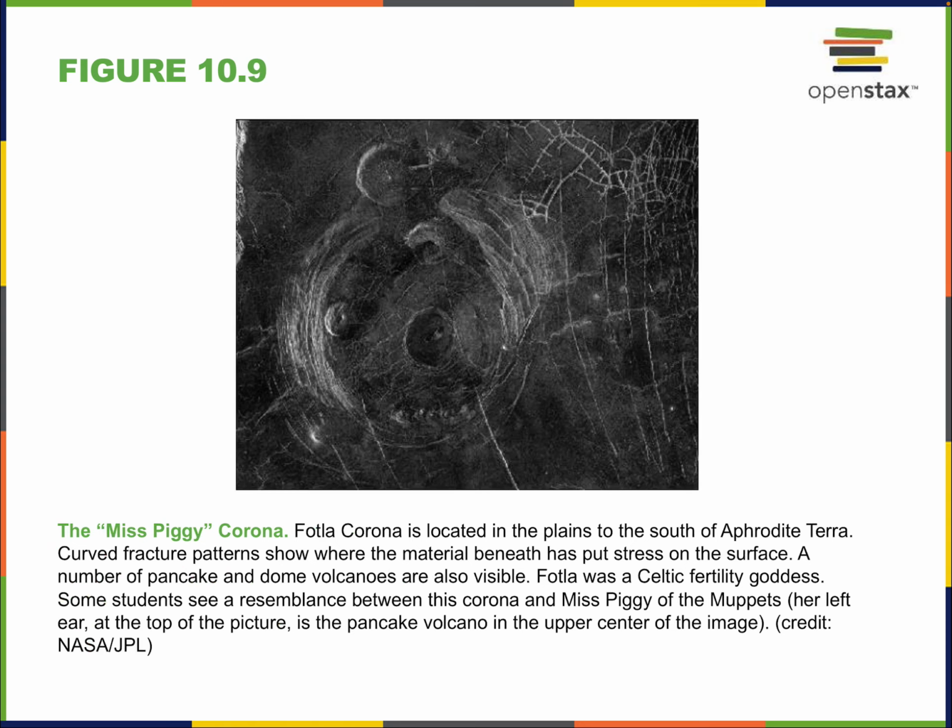So one thing that we do see on Venus are tectonics. And I want to be clear on this word because we're going to say that we see tectonics on Mars as well. Both Venus and Mars have tectonics, but tectonics are not the same as tectonic plates.